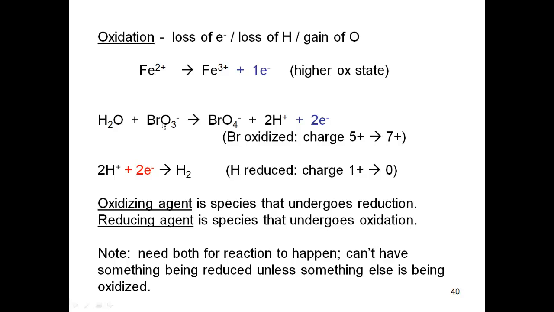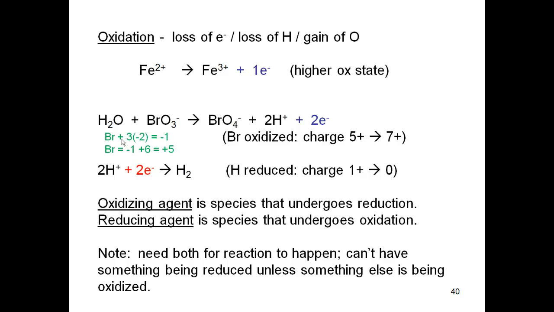So you can see it's BrO3- and BrO4-. Well, it gained an oxygen, so that bromine has to be changing charge if it's going to both stay at -1. So we can look at that in terms of simple arithmetic. Looking at that bromine, that charge has to be some number that when I add that to 3 oxygens at a -2, the total charge ends up being -1.